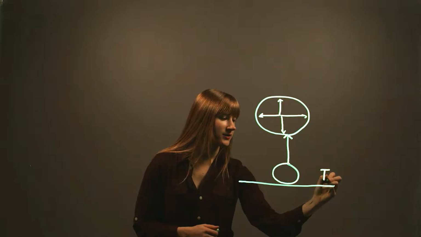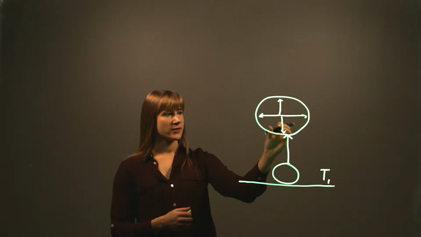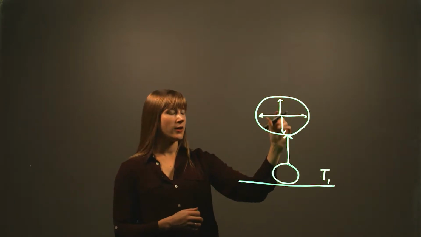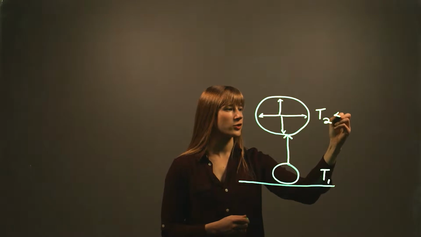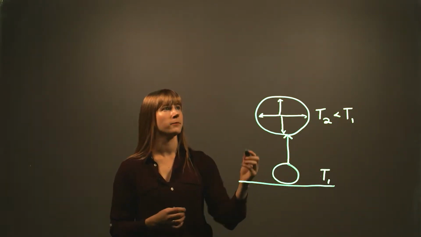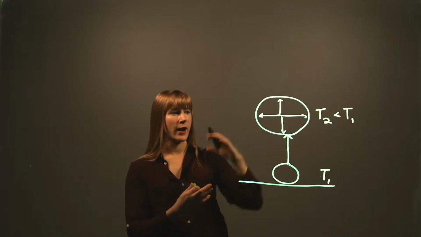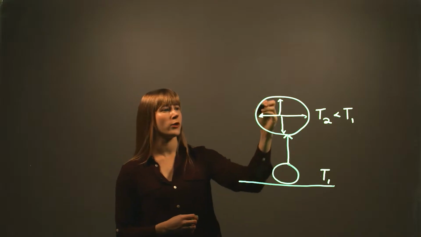So it had some initial temperature at the ground, and as it rose and expanded, it actually cools. So now its temperature at time 2 is less than its temperature at time 1. And as it rises and rises and rises, its temperature is going to keep cooling and cooling and cooling.